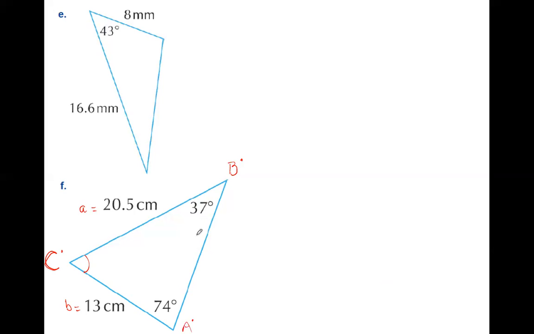So there's something that tells me in a triangle, the sum of all angles equals 180. So that means C is just 180 take away 74 plus 37.